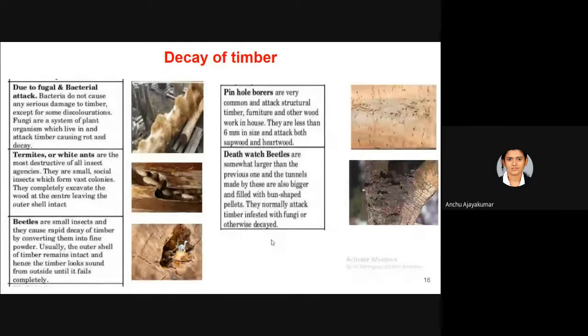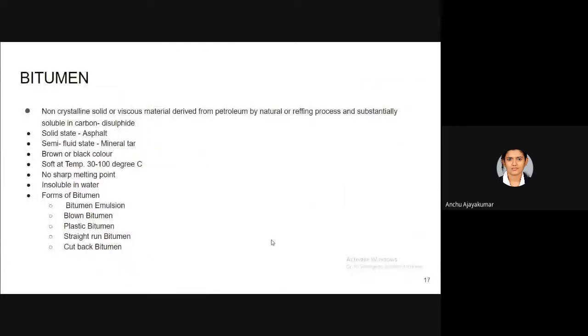That's it about timber. And the last material I am speaking about is bitumen. You all know bitumen, which we use as a material for road construction. Bitumen is a non-crystalline, solid or viscous material derived from petroleum by natural or refining process and subsequently soluble in carbon disulfide.